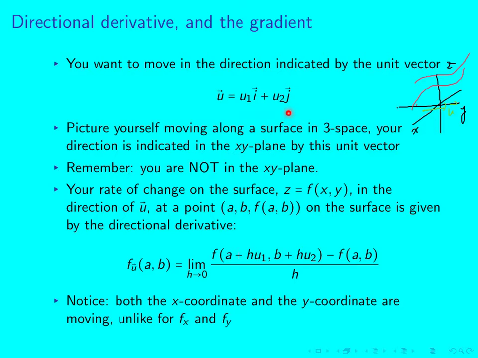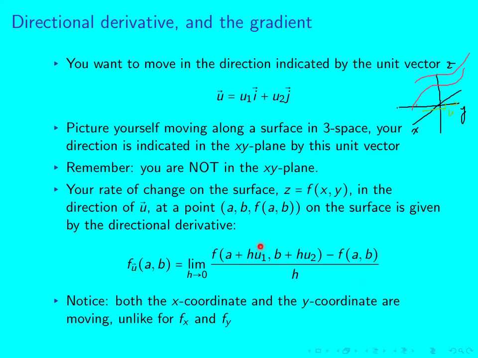So then, your rate of change on this surface, given by f of x, y, in the direction of u, which is indicated in the xy plane, at some particular point, so maybe there's a point there, (a, b), f of (a, b), is given by this derivative. Notice it looks very much the same as the derivative of f with respect to x and the derivative with respect to y.